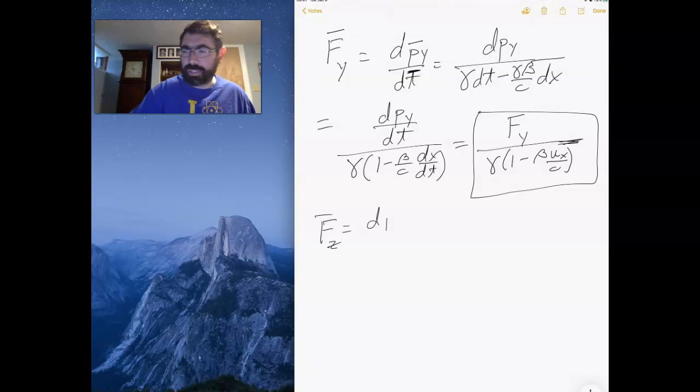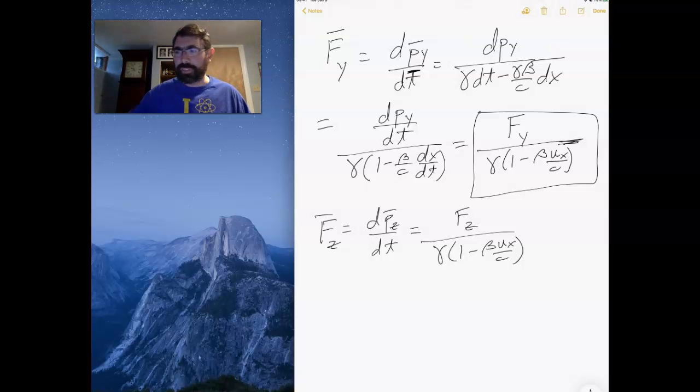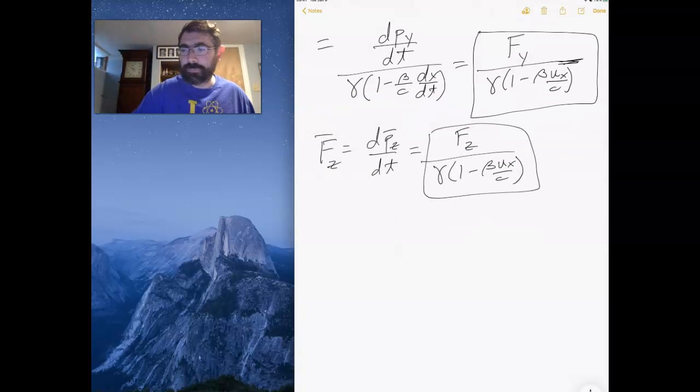Okay. If I look at the z component, what I would get is something very similar. Essentially, the force in the z component divided by gamma times 1 minus beta ux over c. Okay. The interesting thing is now if we look at the x component of the force, then I would get the change in momentum of x with respect to time.